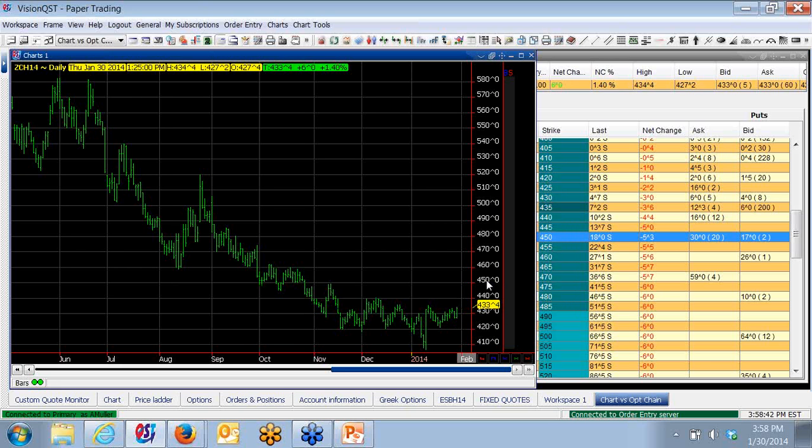They bought call options in March. And yet, they can still lose money because the move wasn't fast enough and big enough to get them where they need to be to actually make money.